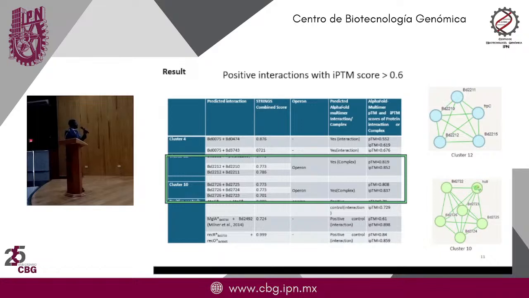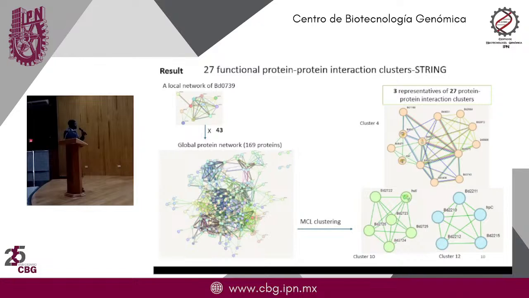I said earlier on that we had this global network and we found 27 clusters. So we checked the STRING score for each of these lines, each of these network edges, and we validated those STRING scores using AlphaFold as well.